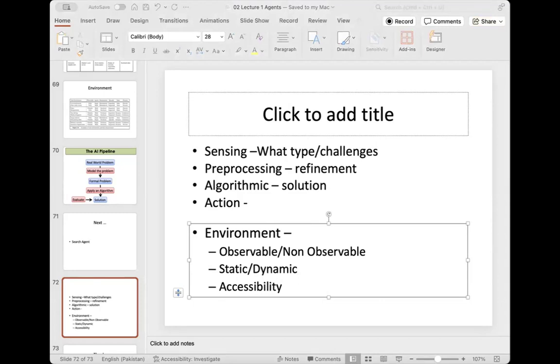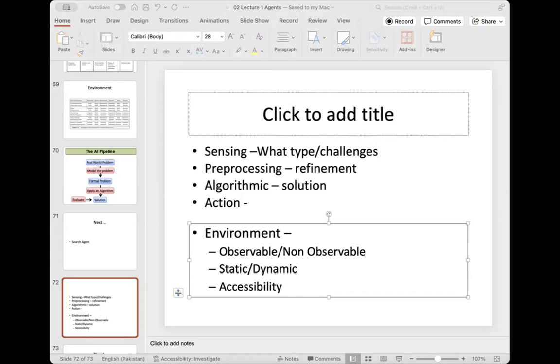So if there are road connections, if you want to move from one place to another place, and the roads are clear, you can very easily move. But let's say a road is blocked. In that case, you will not be able to go down that blocked path. So that blocked path becomes inaccessible.